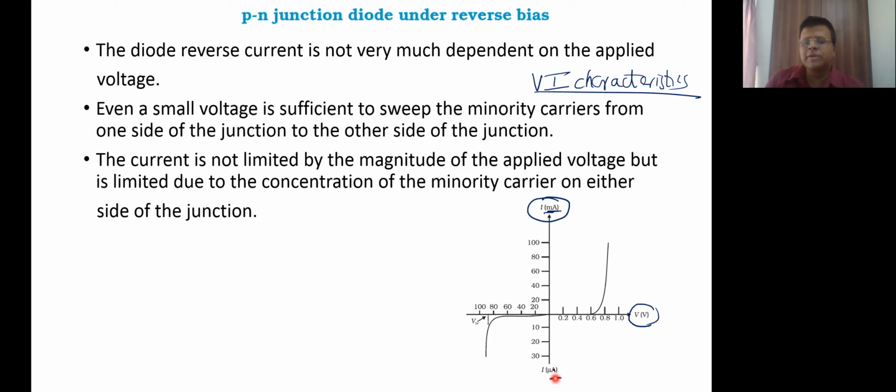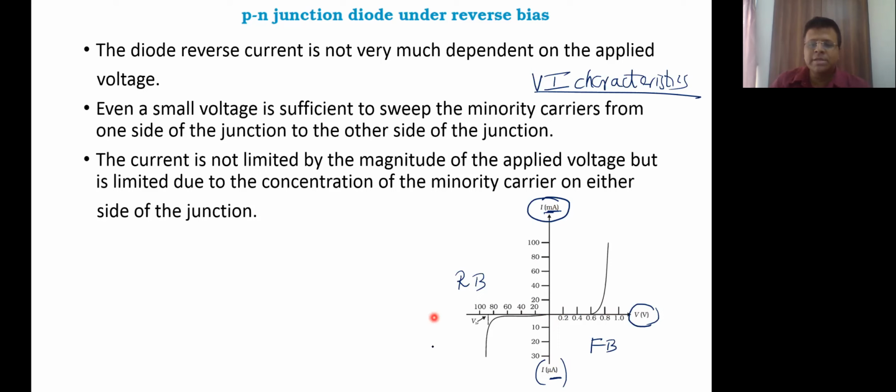And when you're reverse biasing, I'm interested in the microampere range. That's why here at the bottom it is written in microampere. The right side of the potentials indicates the forward biasing of the PN junction, and the left side indicates the reverse biasing of the PN junction.